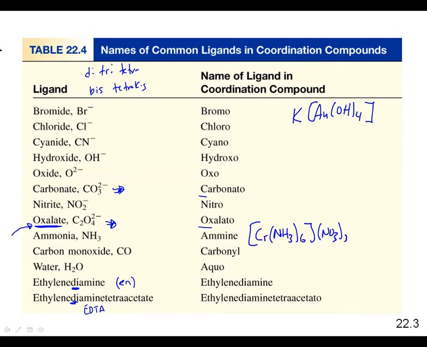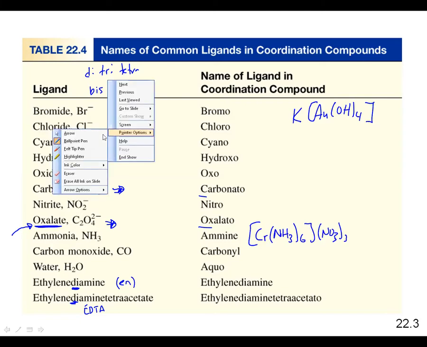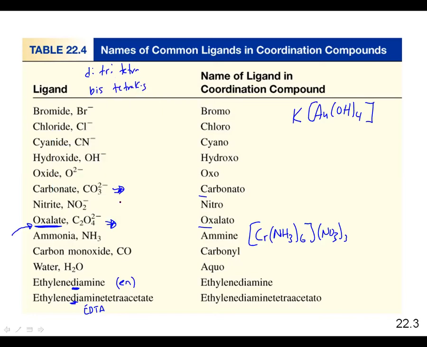All right, so let's go through these names together, so you can see how we put all those rules together, along with all the weirdness that may occur in terms of these names. First off, if you're not sure what these things are, you want to identify what's your complex ion and what's your counter ion. Again, a reminder that your complex ion is usually found in those brackets.